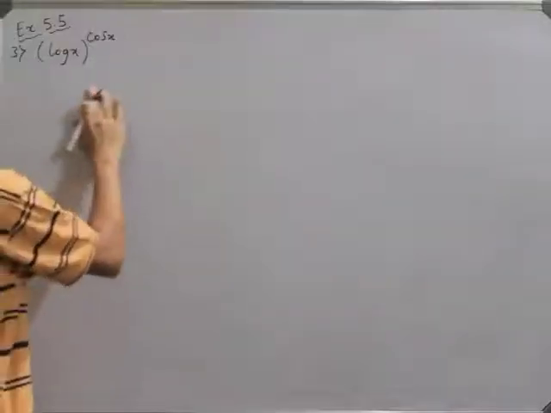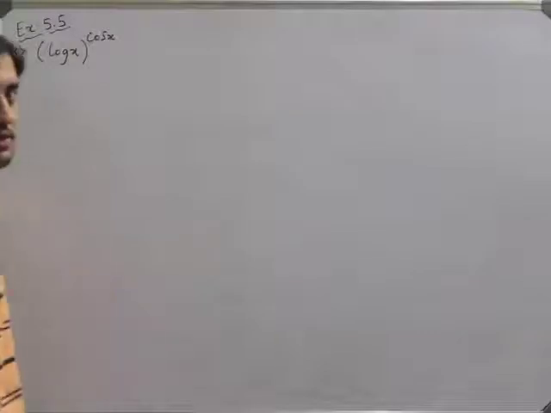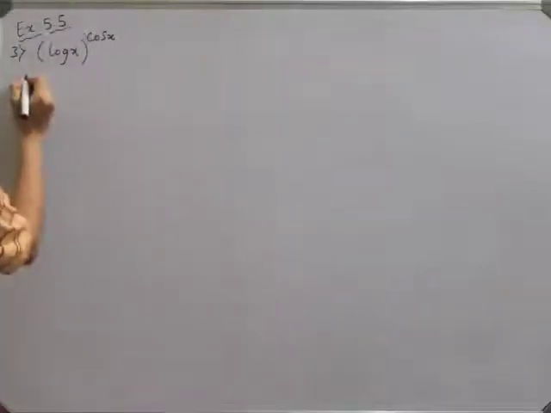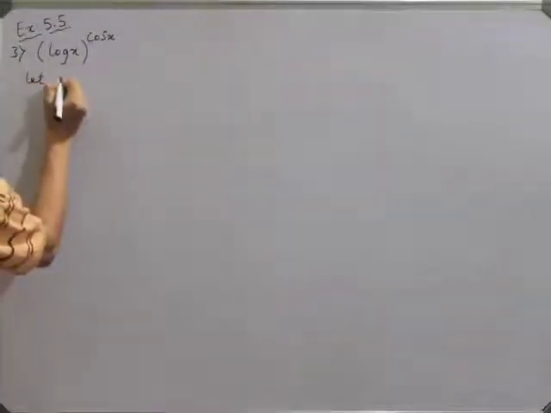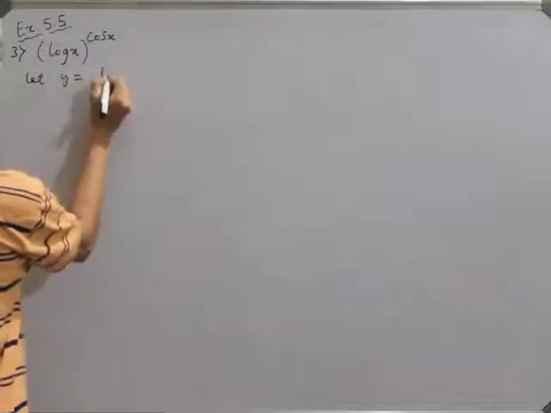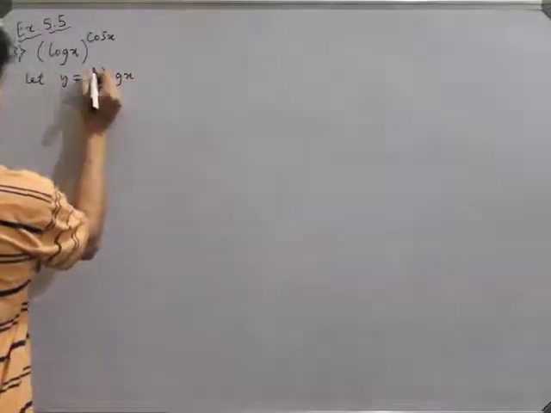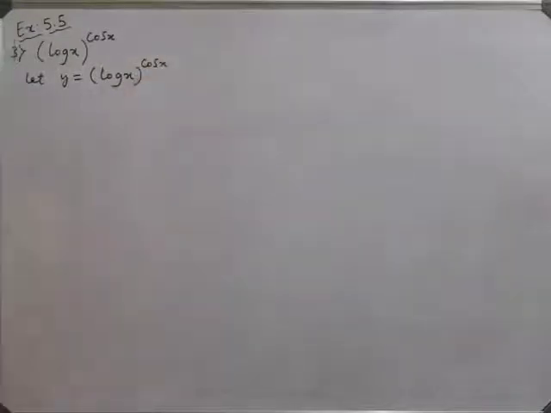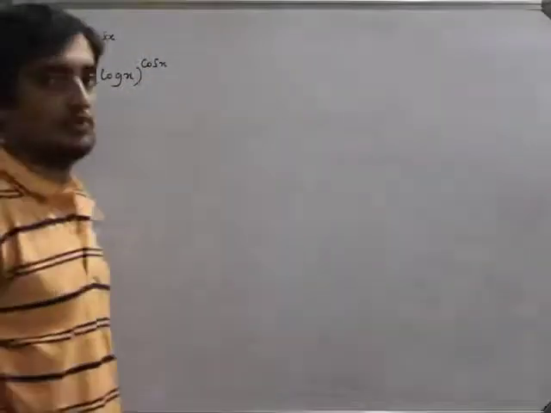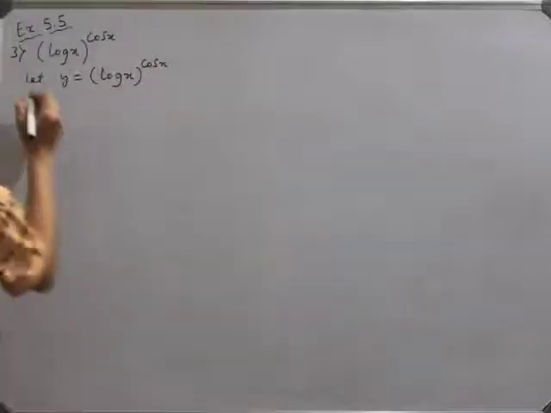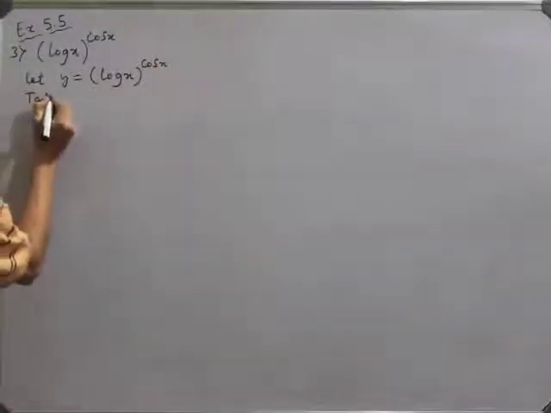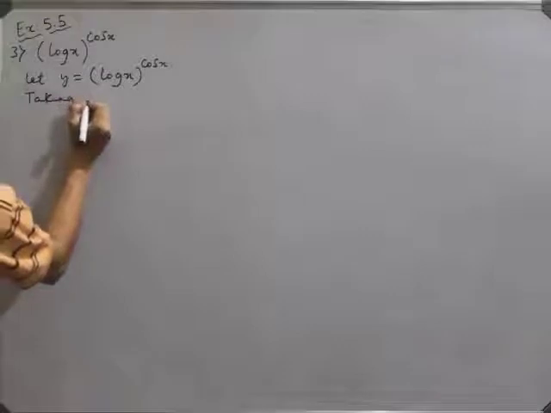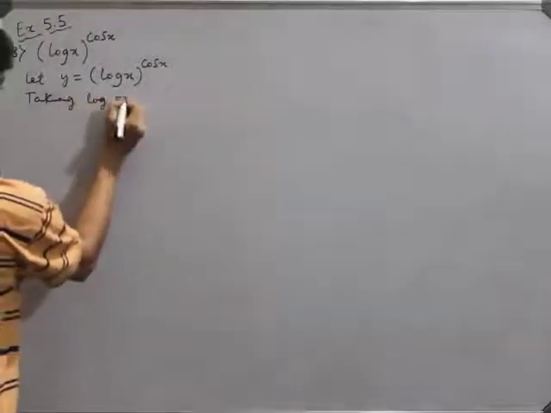We should take log. So first and foremost, I will write: let y is equal to log x to the power of cos x. Now y is equal to log x to the power of cos x. Next step should be taking logarithm on both sides.